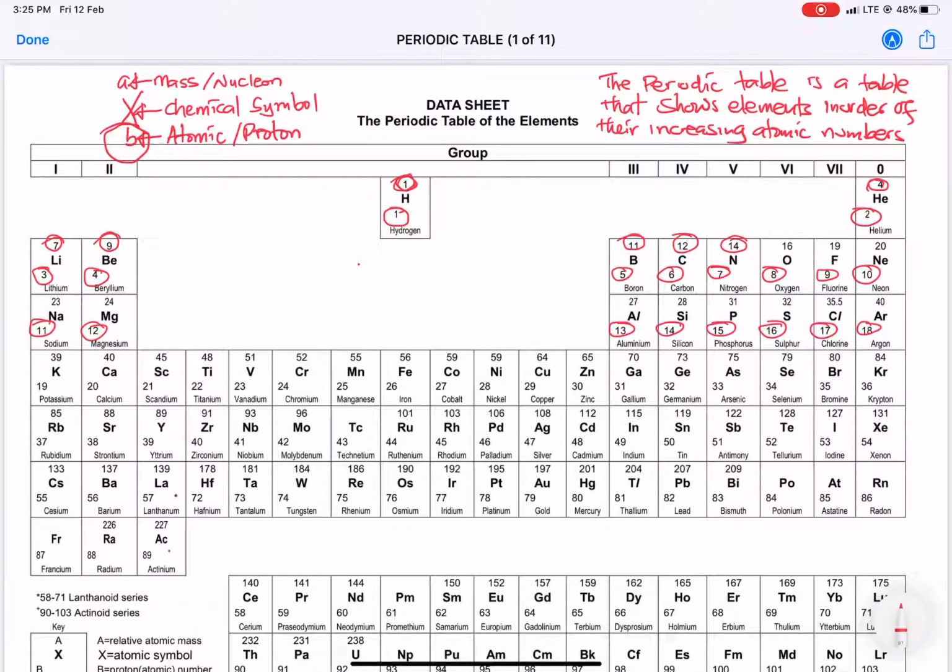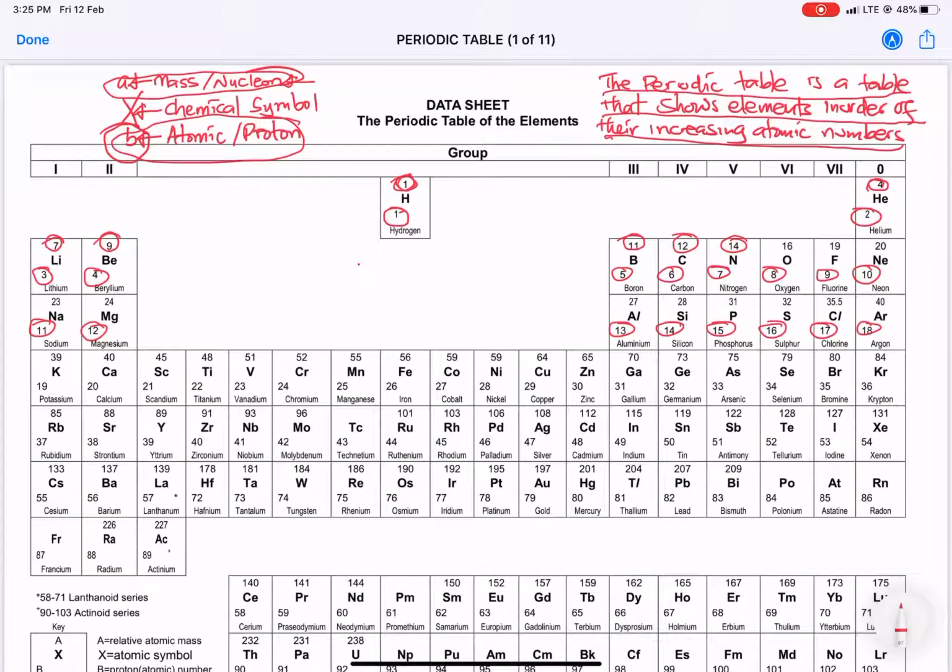So the mass numbers are not in order. But the atomic numbers or the proton numbers are in order. So the periodic table is a table that shows elements in order of their increasing atomic numbers. So that's the definition of a periodic table.